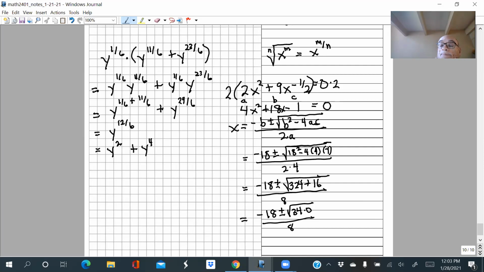Now, you might be able to simplify this a little bit by hand. Again, what does simplify mean? Combine like terms and reduce it down as much as you can.